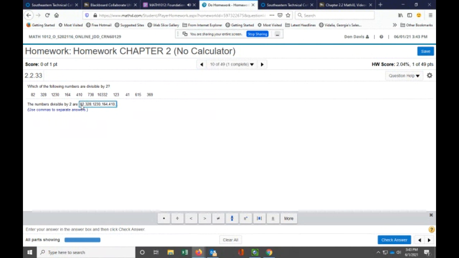Yes. Is 738? Yes. Is 10,332? Yes. 123? No. 41? No. 615? No. 369? No. Why no? Because in the case of 123, 41, 615, and 369, the ones place digit is not an even value.